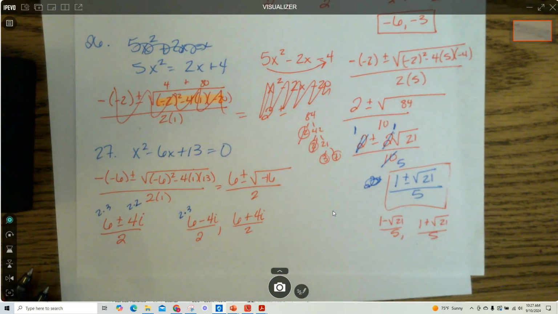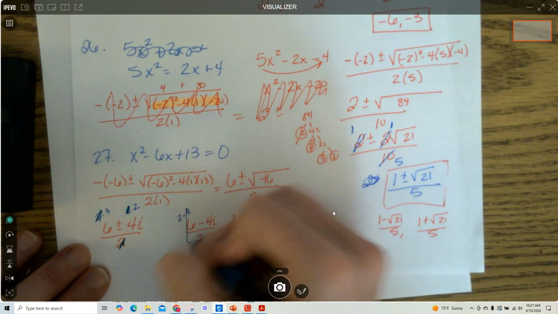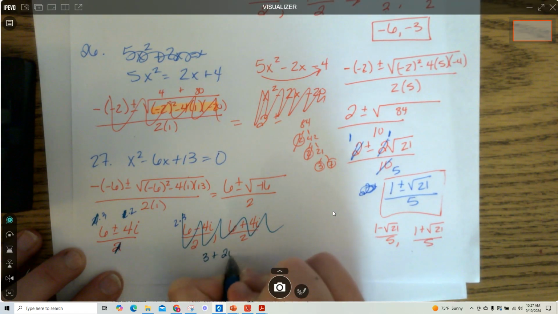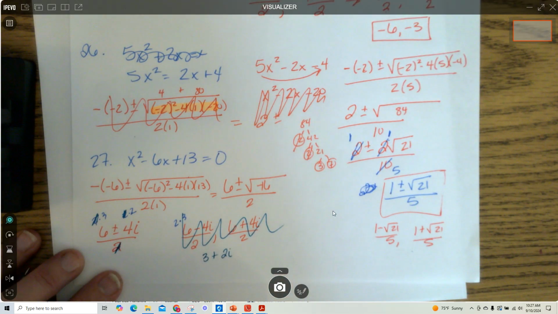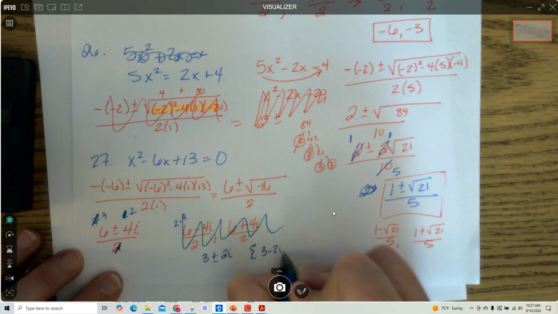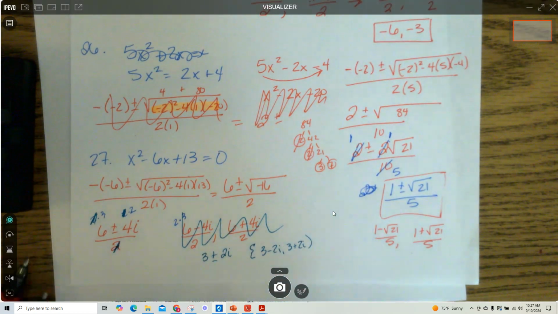And so I can factor a 2 out of everything. So I would have 3 plus 2i. That's my answer. Oh, plus or minus. So solution set, 3 minus 2i, 3 plus 2i would be your solution set.